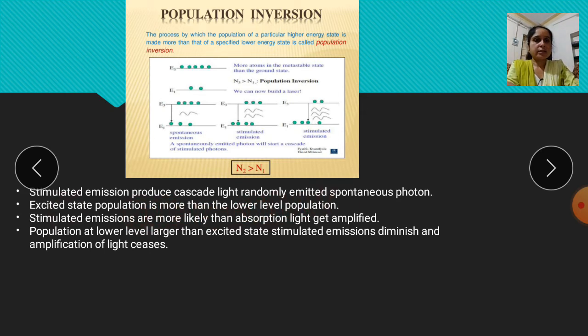In the excited state, more and more atoms are present. The emitted spontaneous photons then trigger stimulated emission of photons, which are stimulated photons, and still more stimulated emission takes place. So in this way, the excited state population is more than the lower state population.